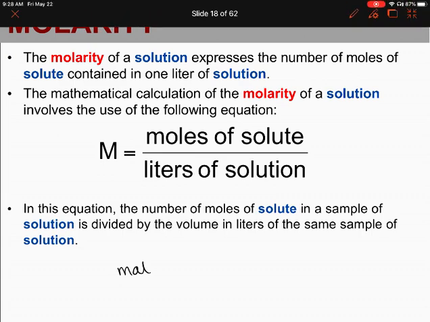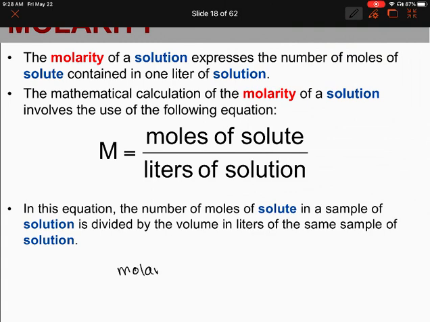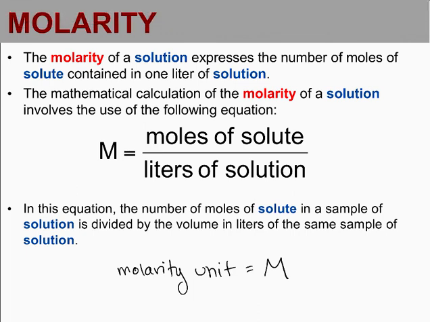Oh, misspelled molarity. Let's see. There we go. So this is a lot easier to write than the units that are shown for molarity. Molarity is equal to moles of solute over liters of solution.